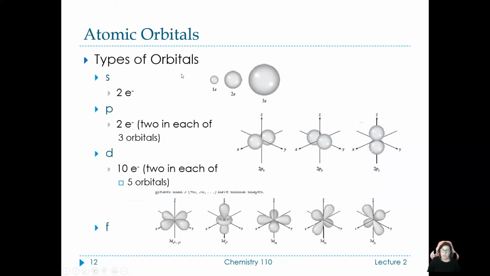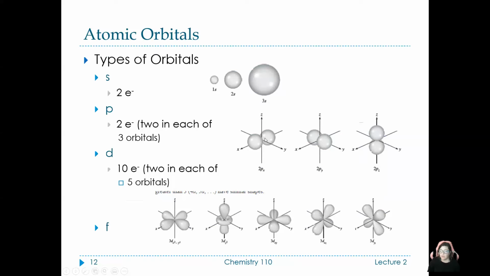Types of orbitals: an s can contain 2 electrons. It is spherical. They go up in size as you go down the table, so they have to get bigger as the energy gets bigger. Your p contains 6 electrons total, 2 in each of the 3 orbitals.